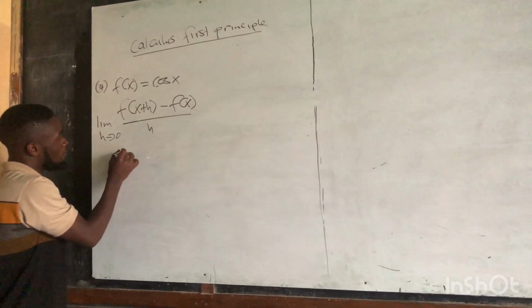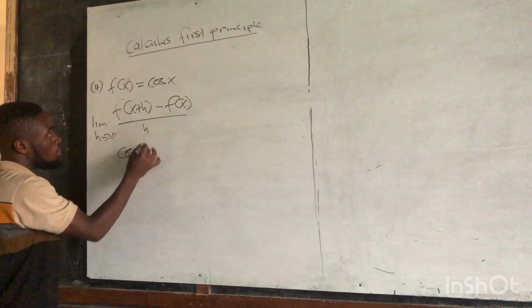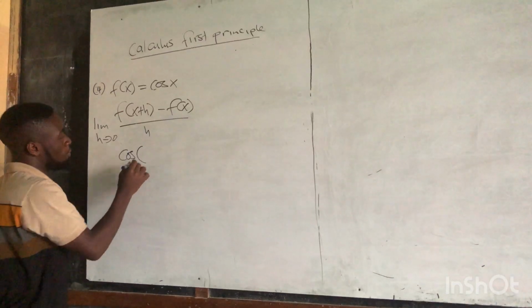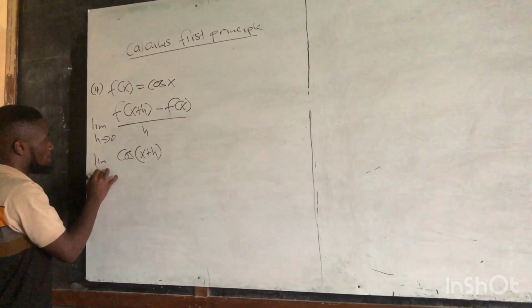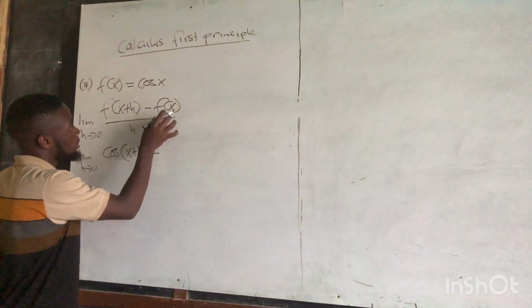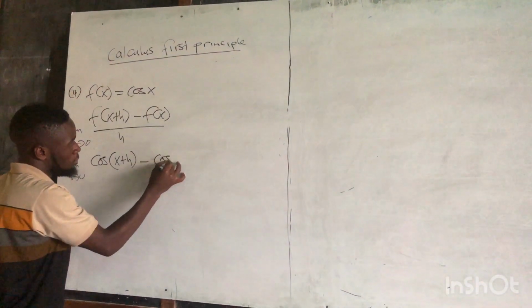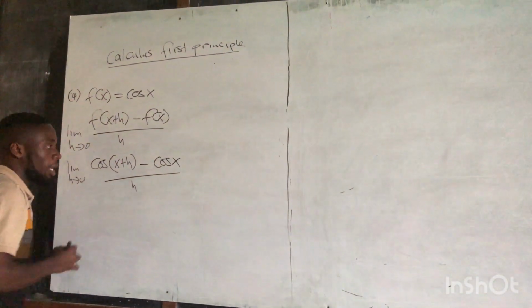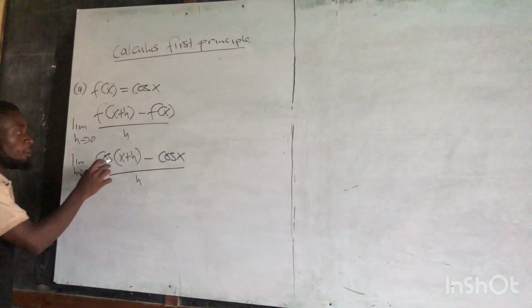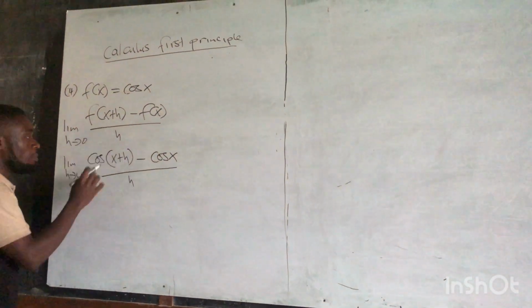So I have cos of x plus h, minus cos x, over h.